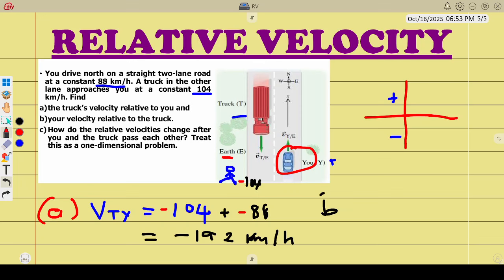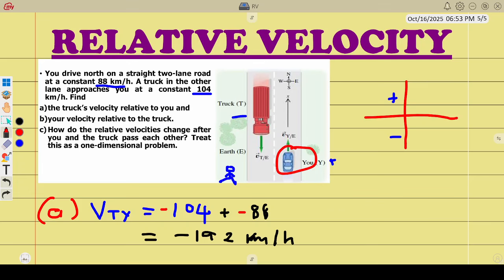So you might wonder why there's a difference. This person is here, the other person is in the car, so their relative velocities are different. Since the car is moving, the relative velocity has a higher magnitude, 192. But since this person is just standing, the relative velocity will just be 104.